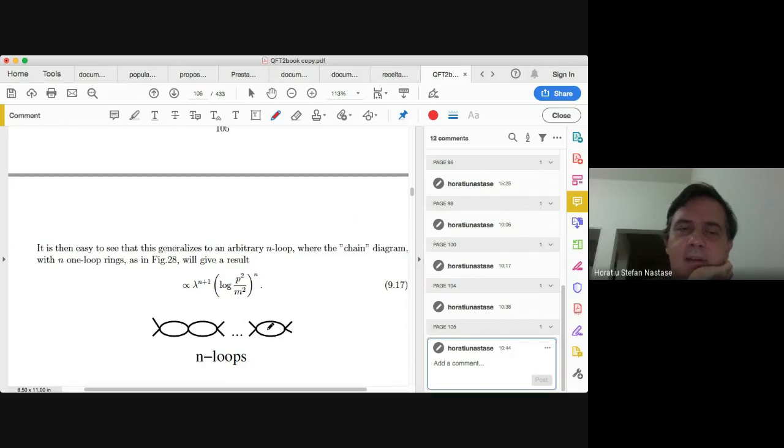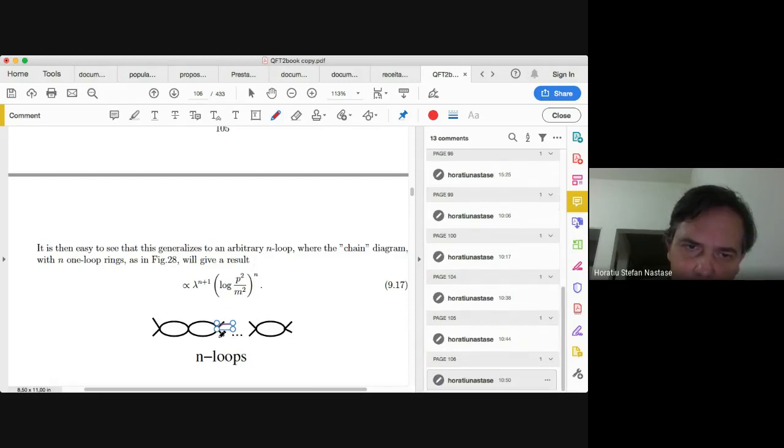There are n loops in here. So at n loops I'll have lambda to the n plus 1, and then log p squared over m squared to the n, right?